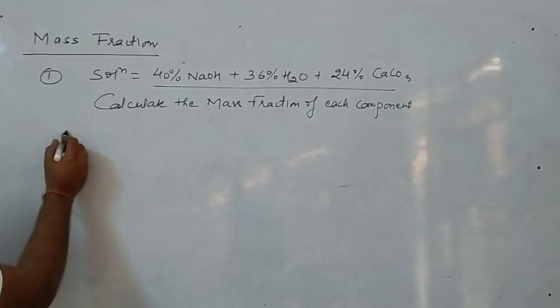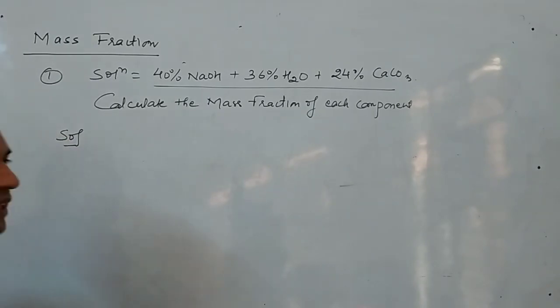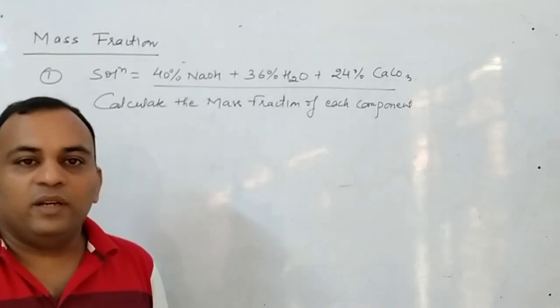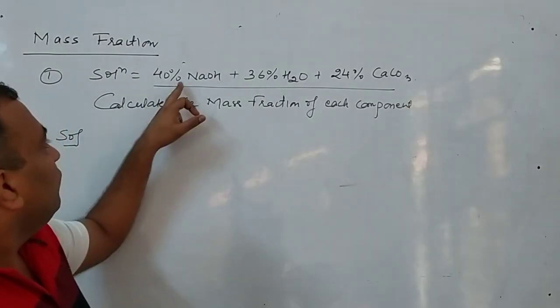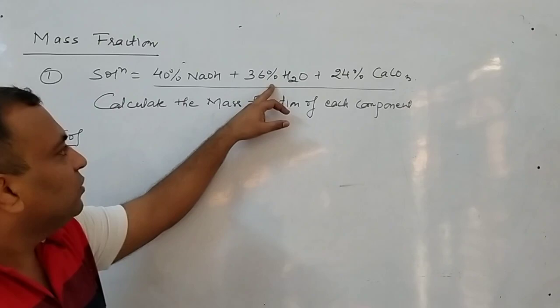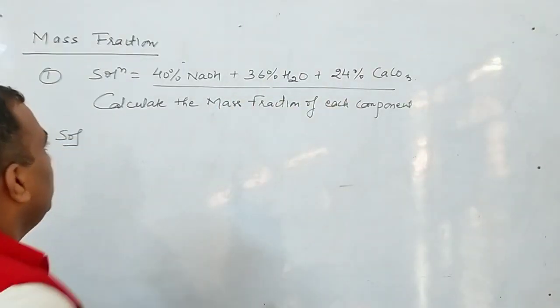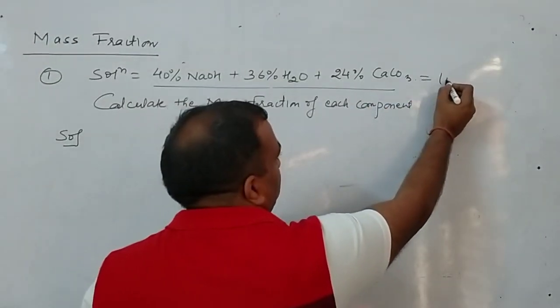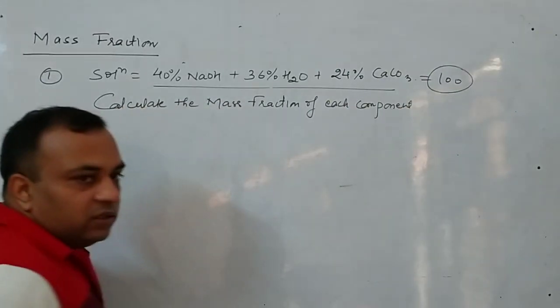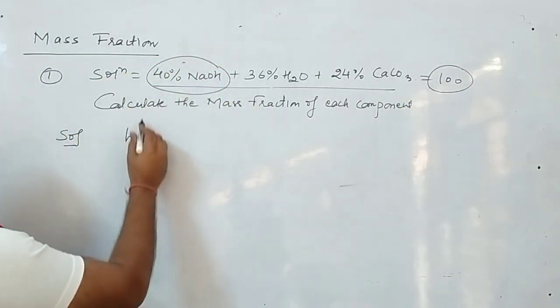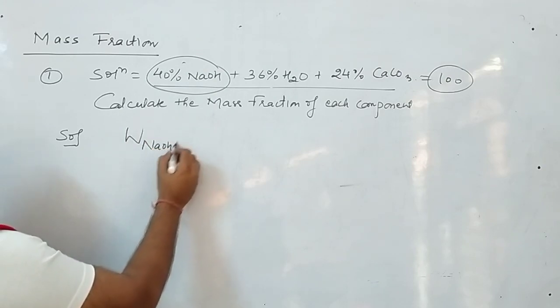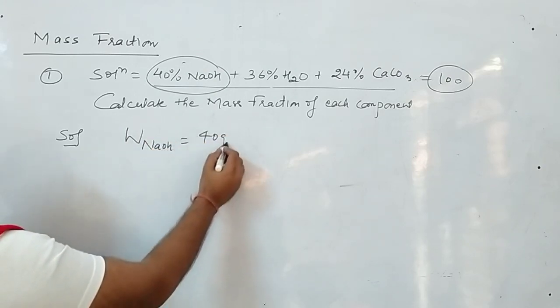Again, same, just listen, students. You know that percentage is calculated in how many parts? 100 parts. If a solution contains 40% NaOH, 36% water, 24% CaCO3, so I can say that your solution is 100 parts. From this 100, the 40% is NaOH, meaning mass of NaOH I will take as 40 gram.